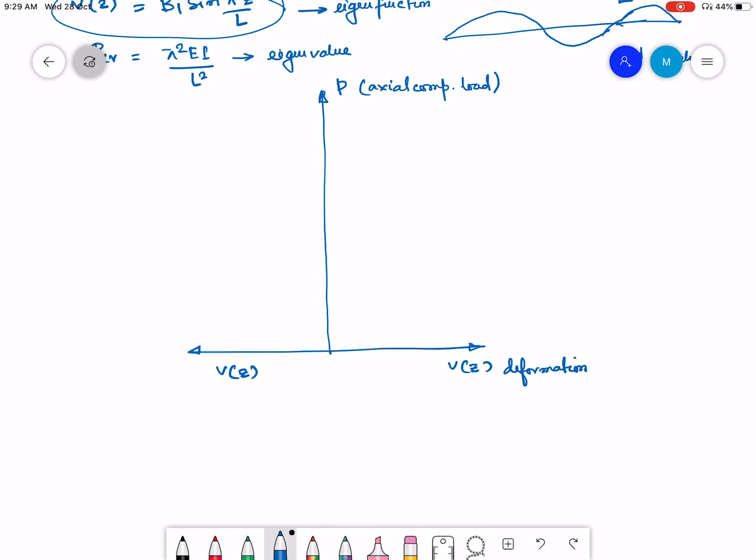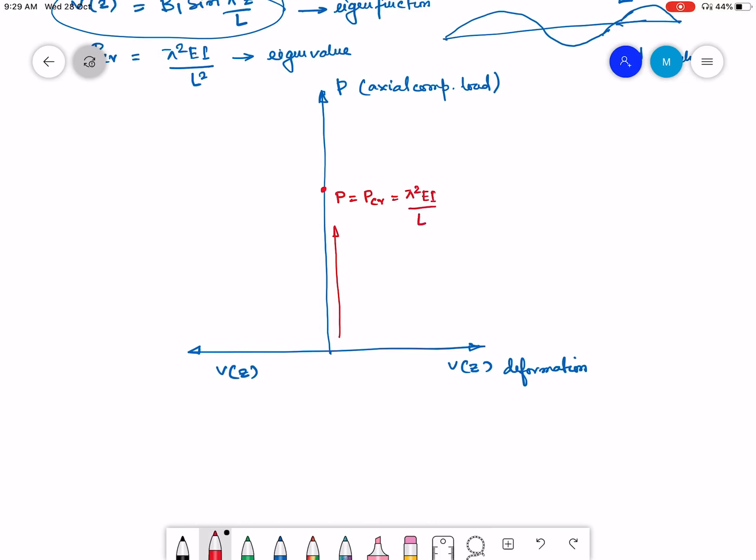Now, if we keep on increasing the load, there is going to be no deformation till we reach P equal to P critical, which is pi square EI by L square.